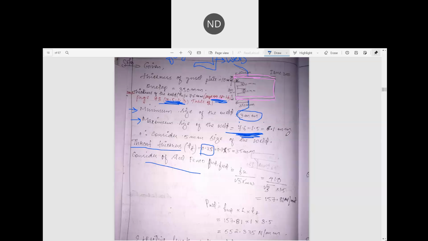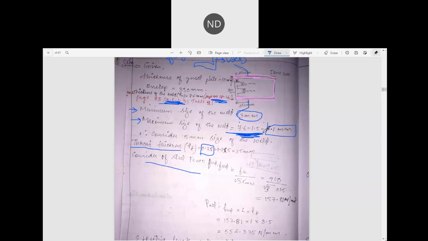Therefore, what are we going to consider? Somewhere near this maximum, 6.1. You can take it to be 6 or 5 also, since we're designing. After considering the range we have got 3 to 6.1.